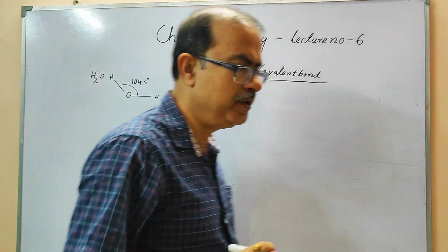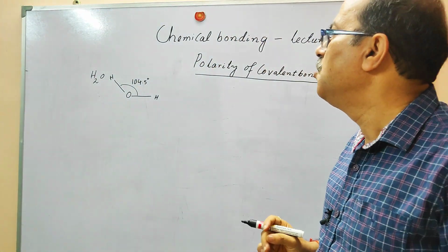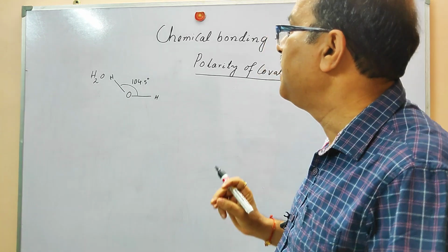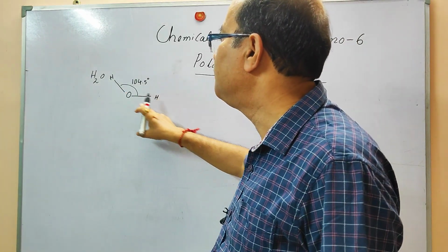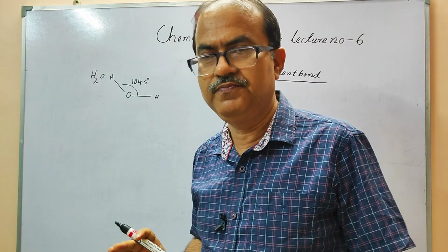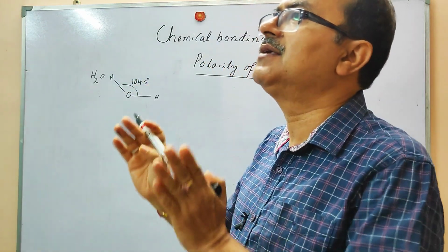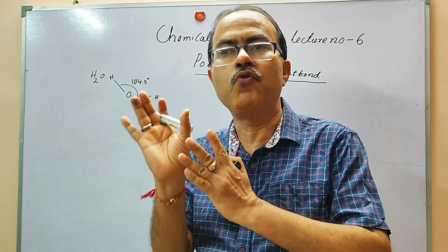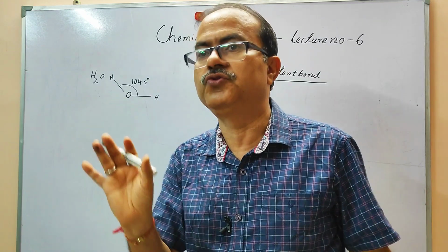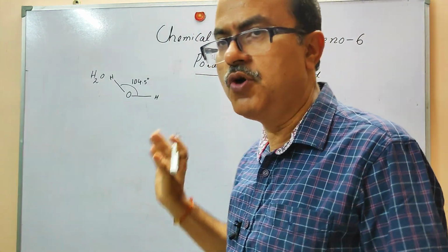For polyatomic molecules, we have to consider the dipoles of the different bonds. In the diatomic molecules, we considered the dipole of the one bond. Here there are two bonds.